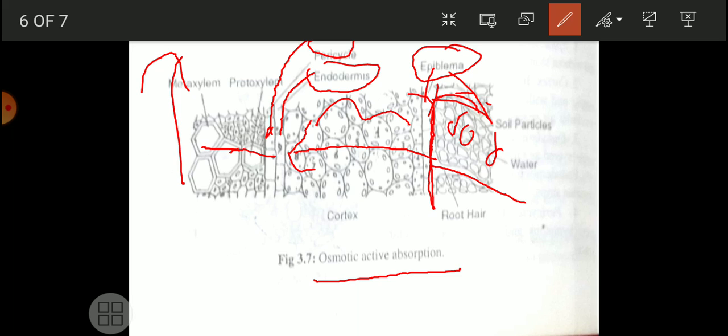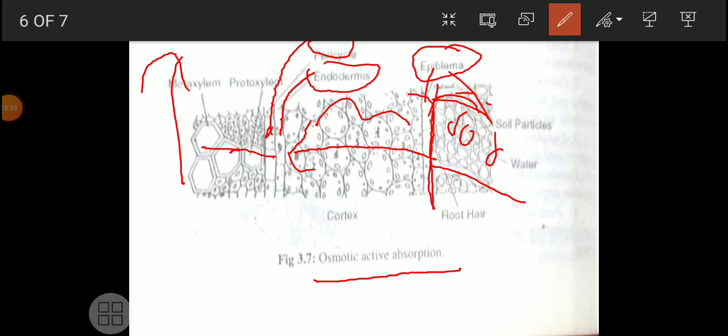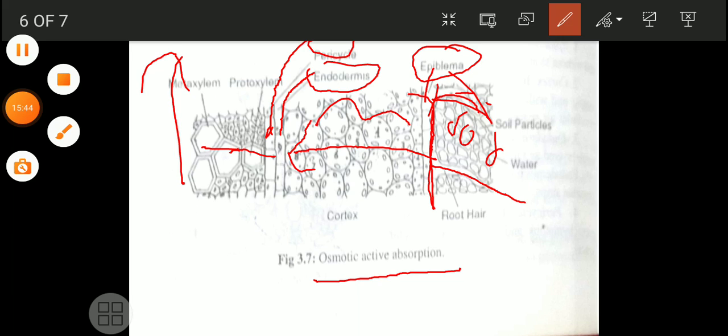Hydrophilic, in the sense they love water, and because of that imbibition, the capillary water is imbibed into the cell wall of the root hair, and from the root hair it enters the epidermis, then from the epidermis to successive layers of the cortex, and from the cortex to endodermis, to pericycle, to protoxylem, and protoxylem to metaxylem.